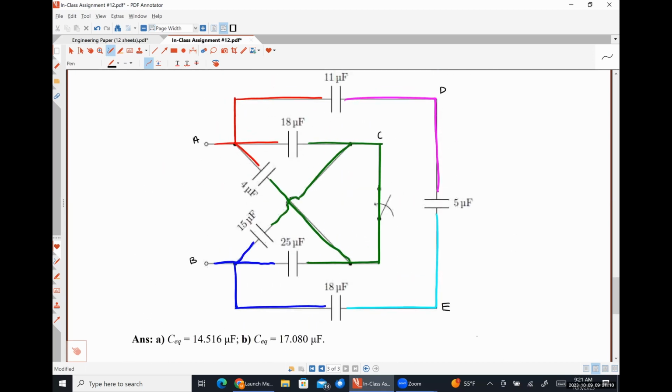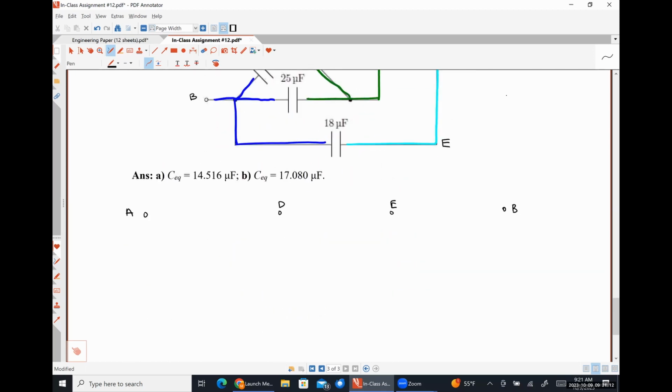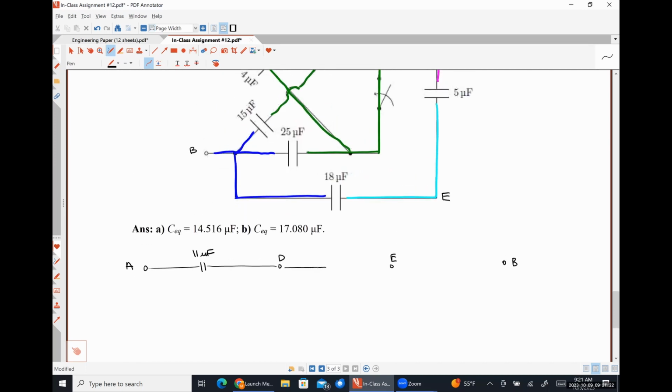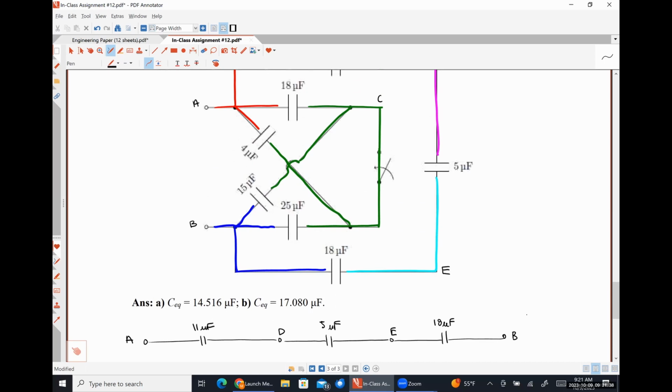From A to D is 11 microfarads. From D to E is 5 microfarads. From E to B is 18 microfarads. And we have our outside loop taken care of.